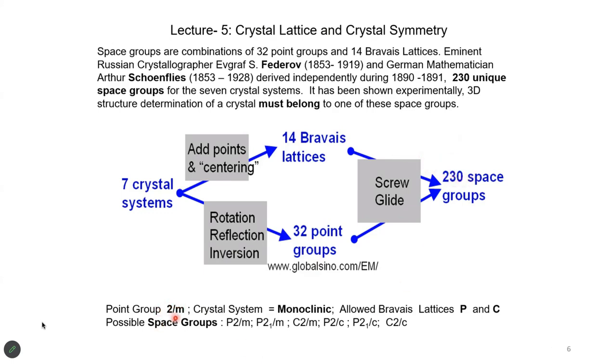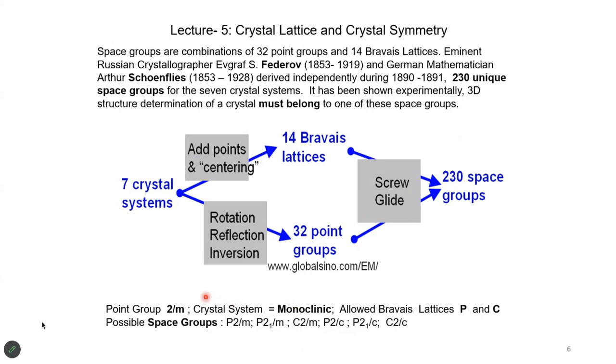So we have point group here and Bravais lattice here. What would be the possible space group for this particular system? We will have 1, 2, 3, 4, 5, 6 possible space groups if we have a point group 2/n. We will know why it is P, why it is C in our next slides.